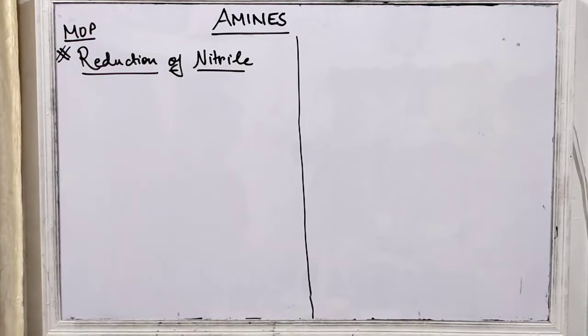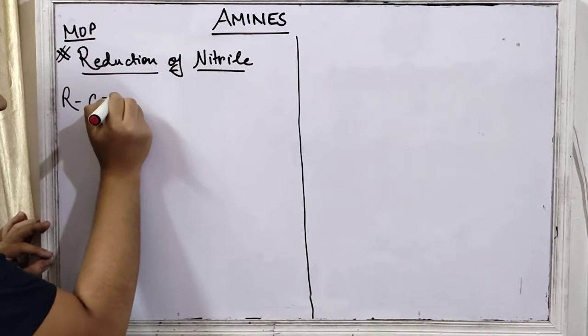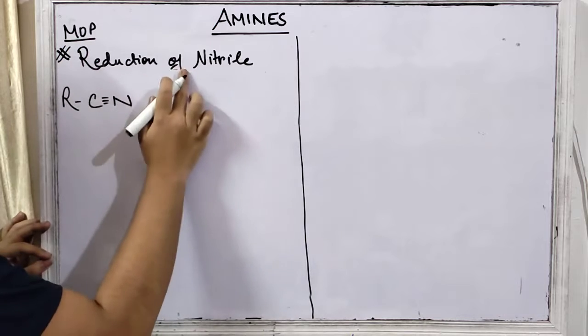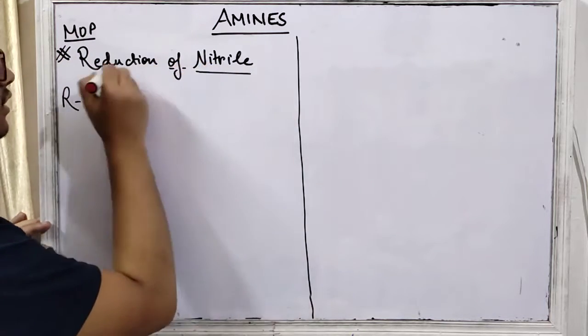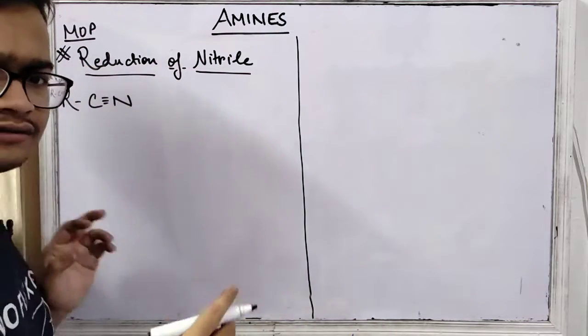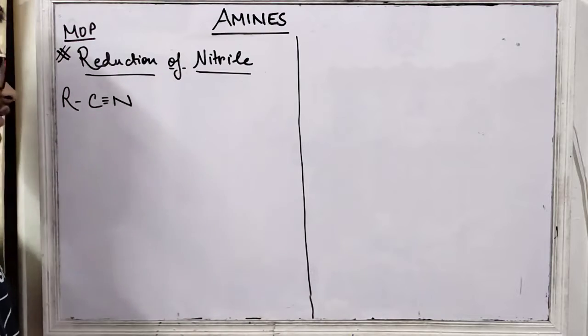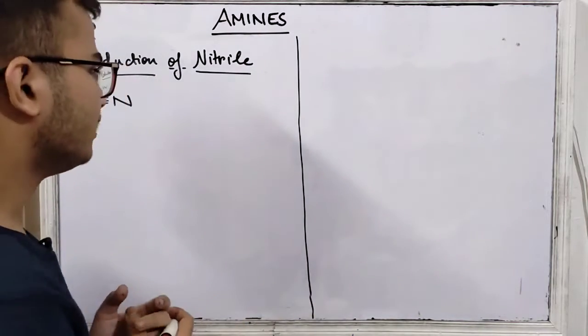Nitrile is RC triple bonded N. Now reduction can be done in 2 ways. If you want to do it directly, then you have to perform full reduction, and if you want to do it stepwise, you have to perform the Stephen reaction. Okay. So let's first discuss the direct reduction.